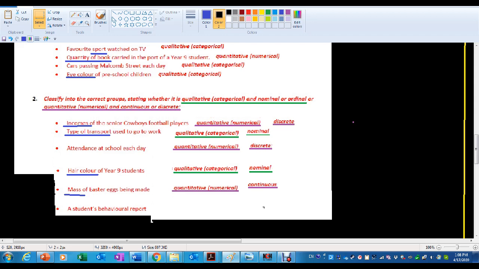All these things have a ranking, but they are not numbered, right? So these are what we call qualitative. But it should be ordinal this time, because there's a ranking of the behavior.